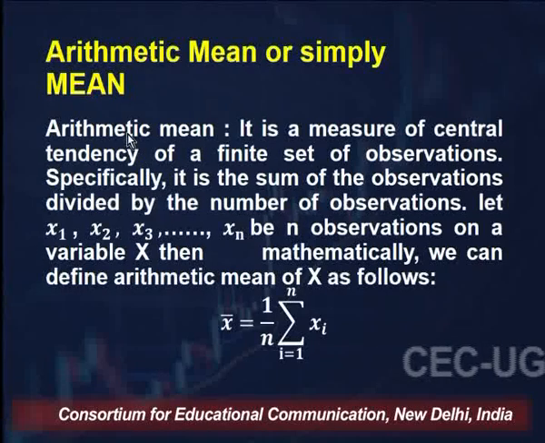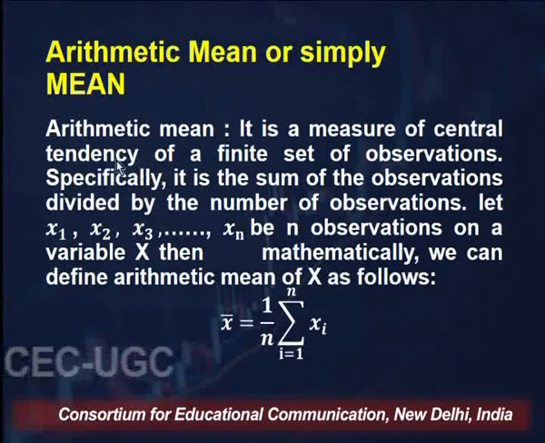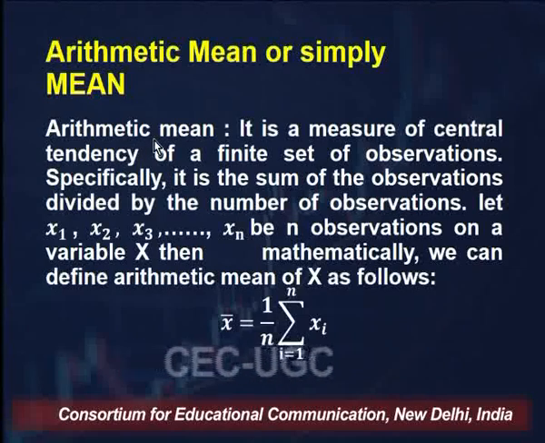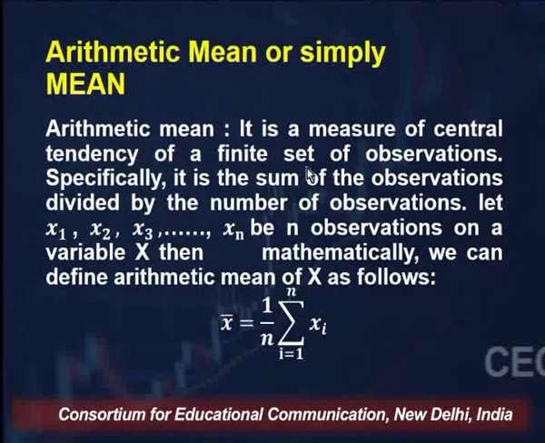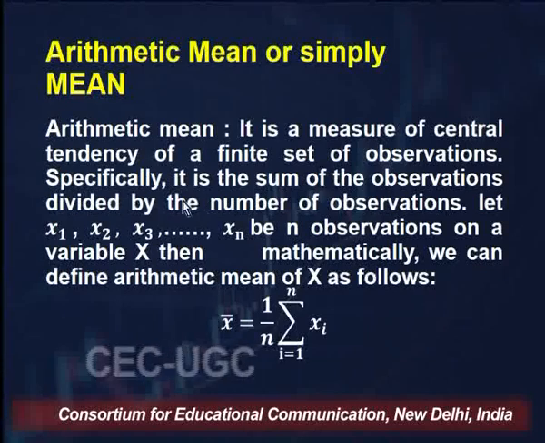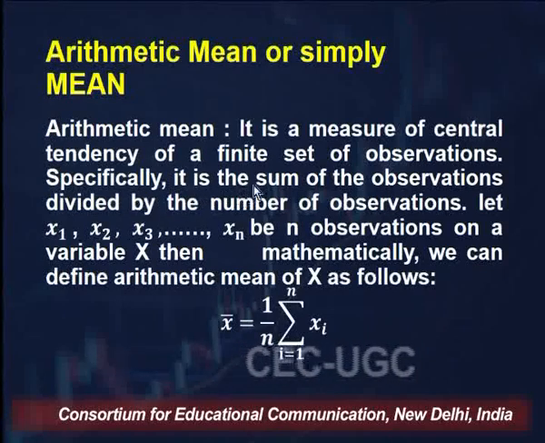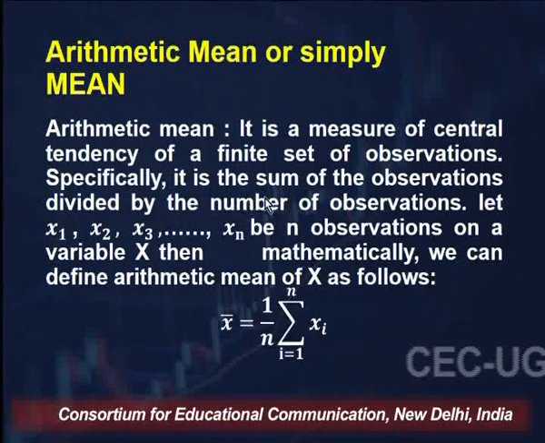Now, I have already introduced arithmetic mean in my earlier lecture, but just for the sake of continuity, I will again start with the definition of arithmetic mean. It is a measure of central tendency of a finite set of observations. Specifically, it is the sum of the observations divided by the number of observations.